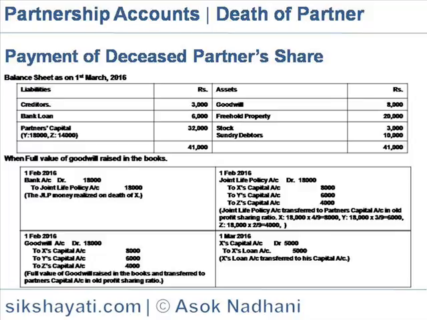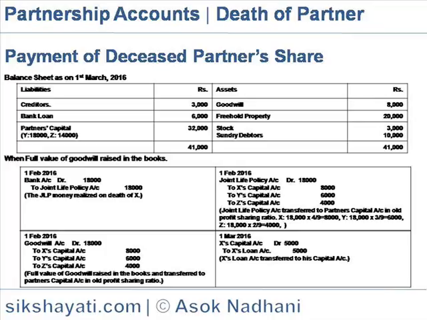When the full value of goodwill is raised in the books, the entry would be 1st February 2016, bank account debit 18,000 to joint life policy account 18,000.